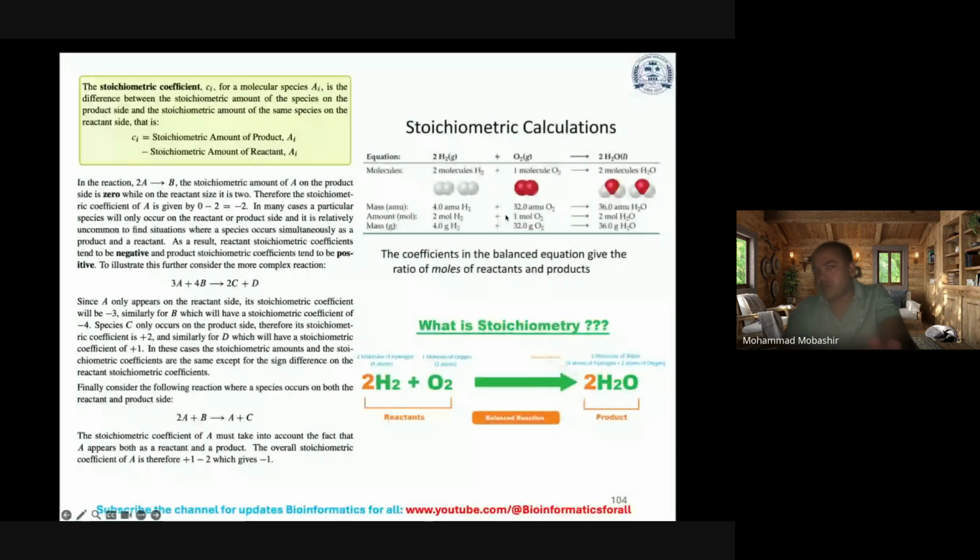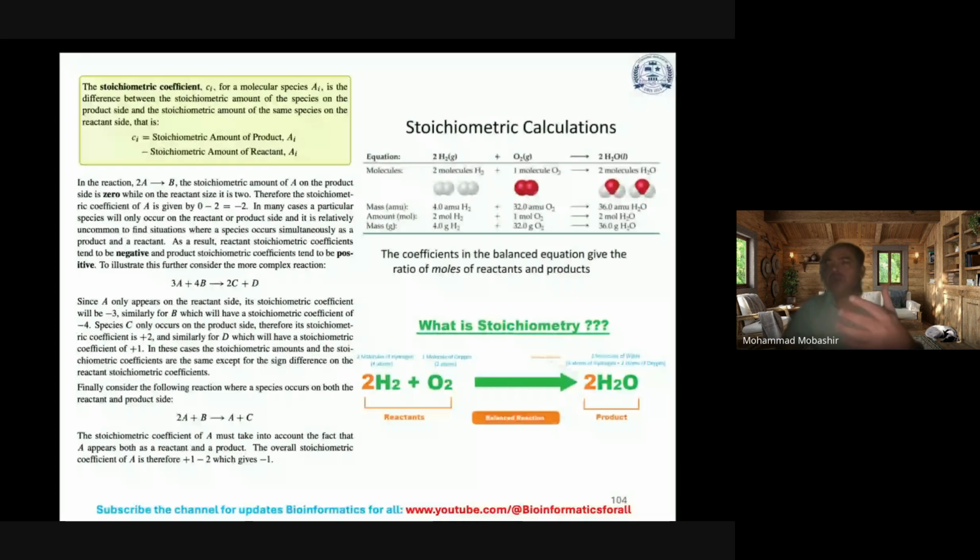If you want to write the molecules, then here you can write it. Mass here, amount like this, and then mass in gram, you can write it. So the coefficients in a balanced equation give the ratio of moles of reactants and the product. So this is very simple.